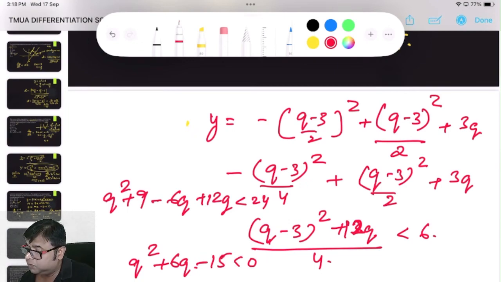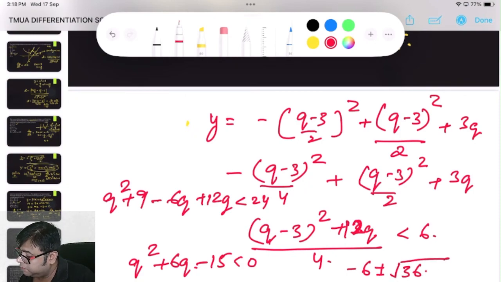So if I find the roots, the roots of this will be irrational. So I have to find it. It will be minus 6 plus minus under root b square, which is 36 plus 60, upon 2.